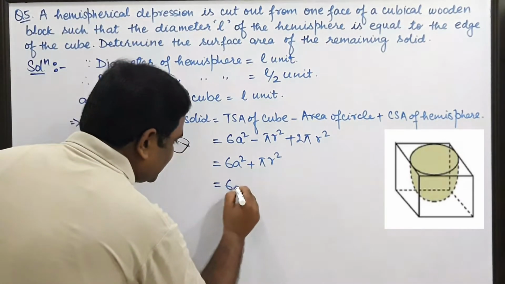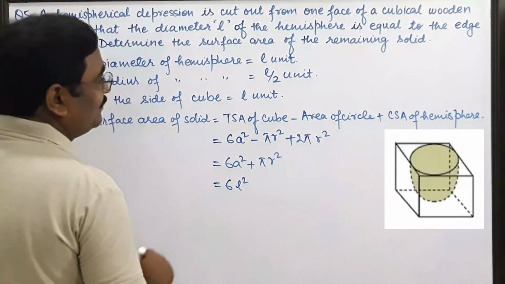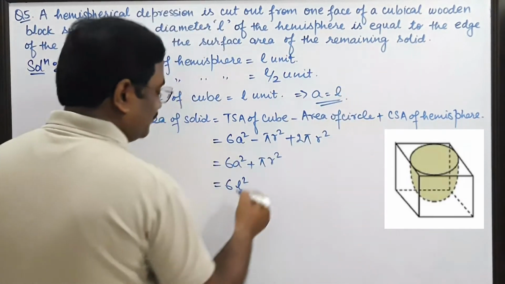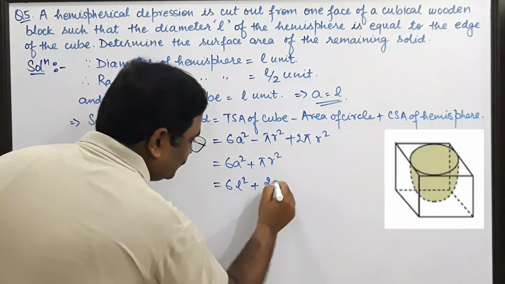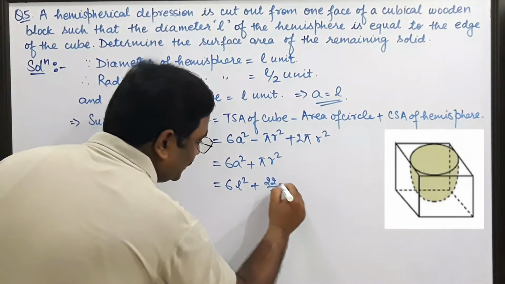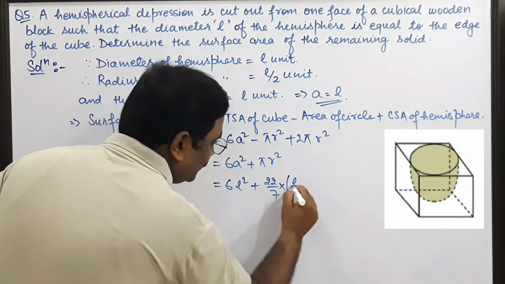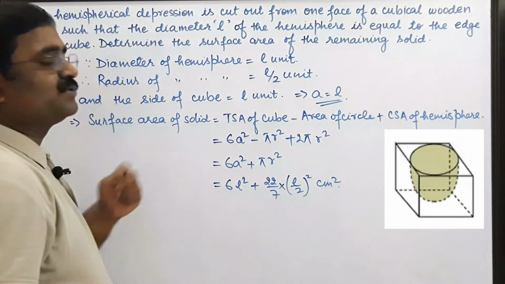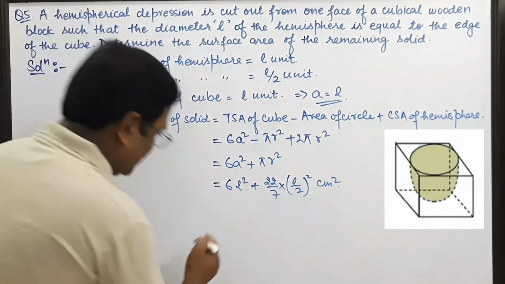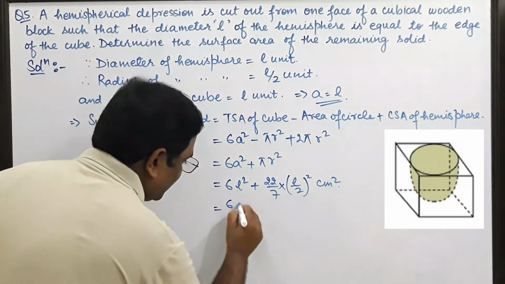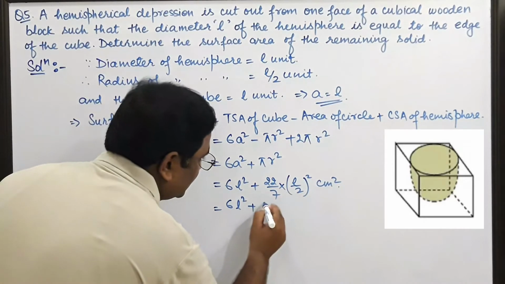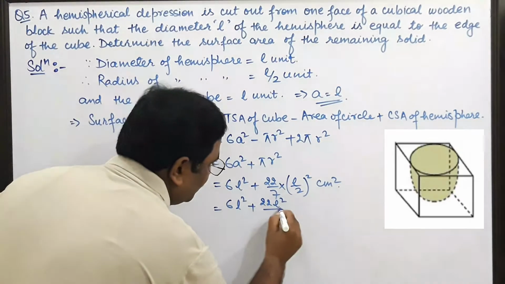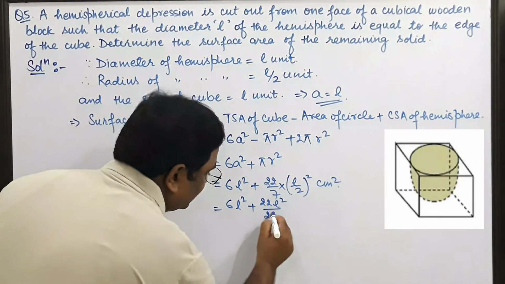So it can be written as 6L square, as a is equal to L. From here we will get a is equal to L, plus pi is 22 upon 7 into r is L upon 2 whole square. Now we simplify this. So we can see that 6L square plus 22 L square upon 7 4s are 28.